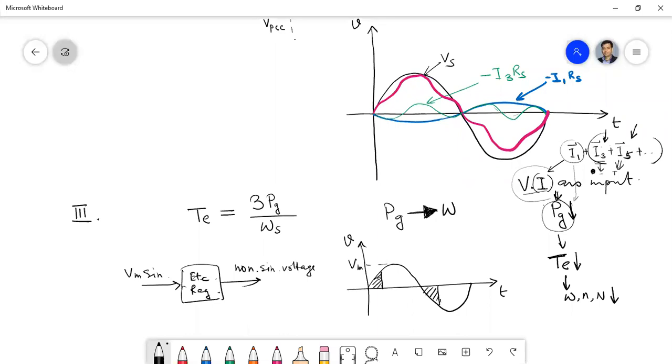And what do they actually do? They create mechanical oscillation or vibration, and sometimes wearing of the bearing. That is the result of this type of harmonic torque.